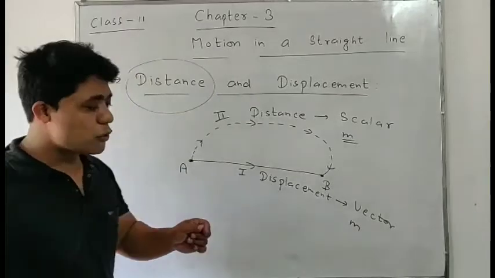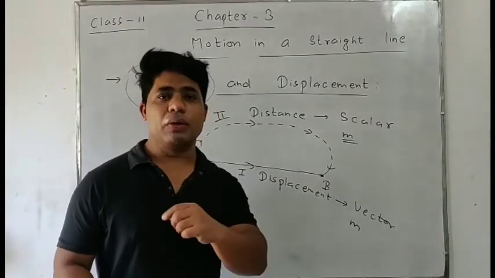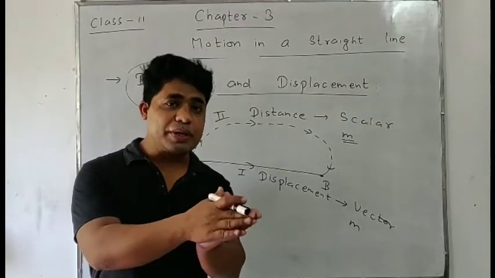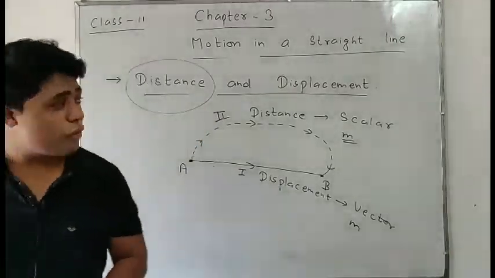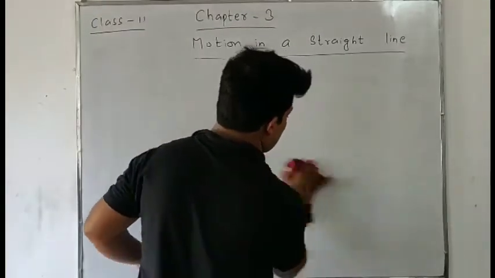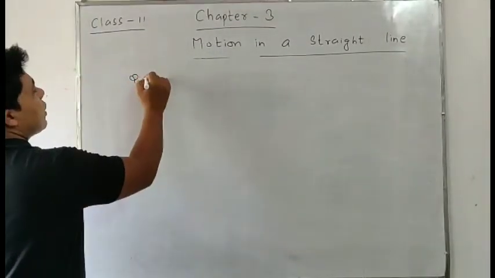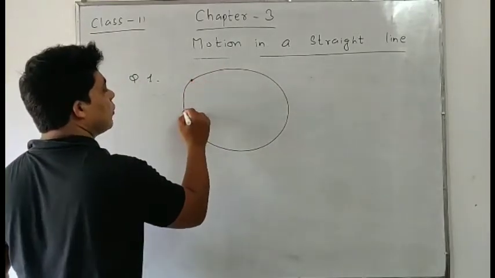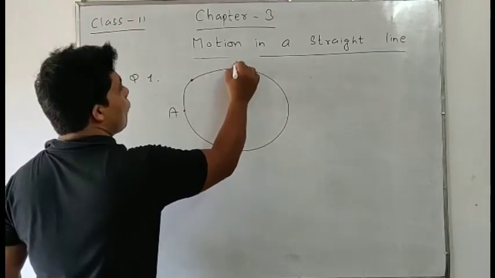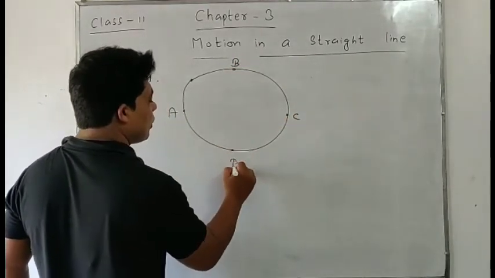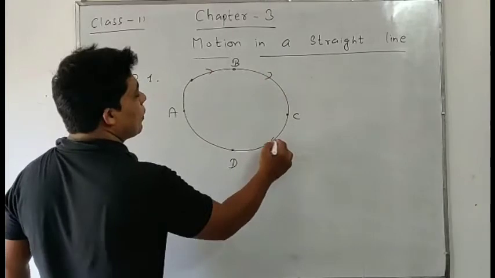Now students, I will give an example, a small numerical, to distinguish between distance and displacement. Suppose an object is following the path A, B, C and D. The object is following a circular path.